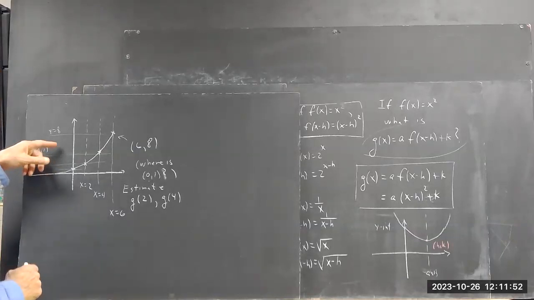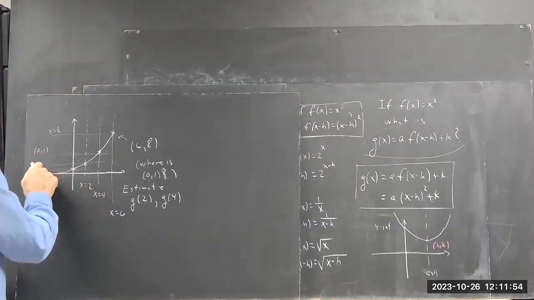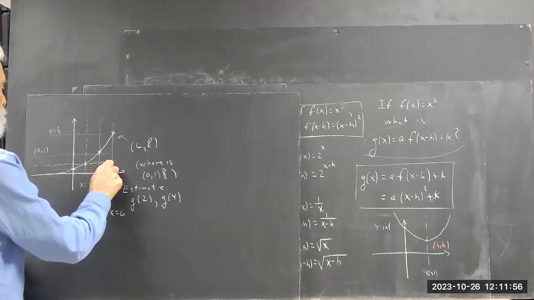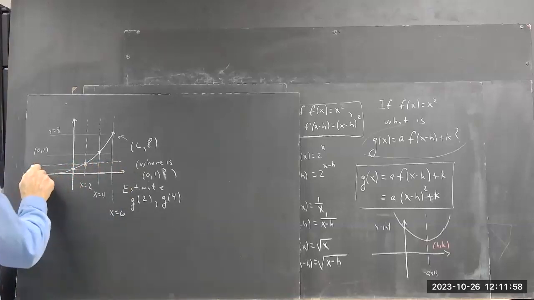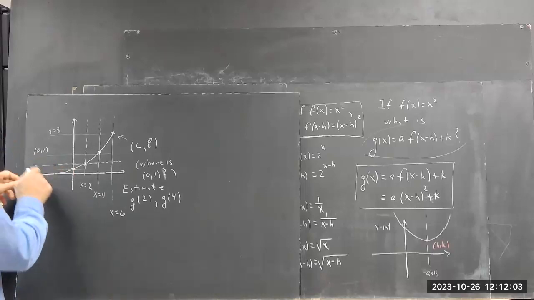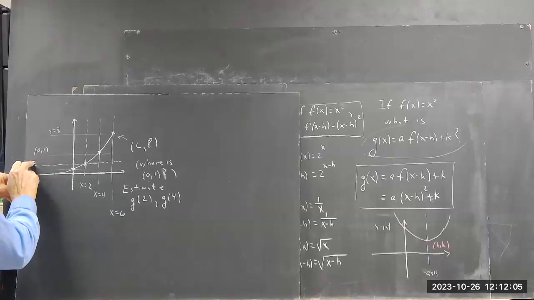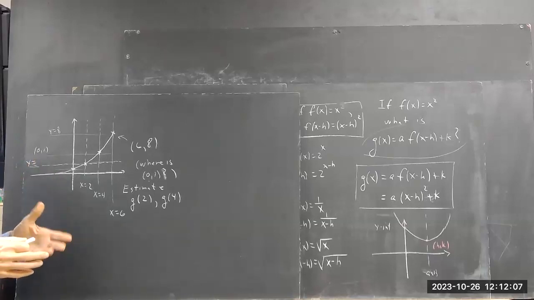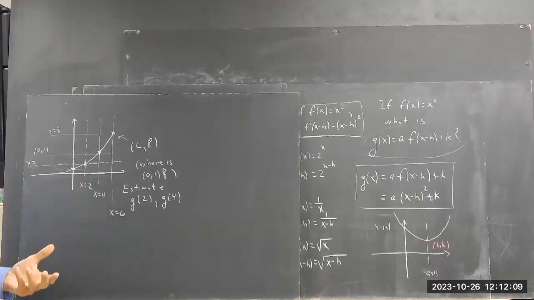Now, if I believe my subdivisions, and they're not totally accurate, I get a y value here. You're probably going to get something different than I did because your curve is going to have a slightly different shape.